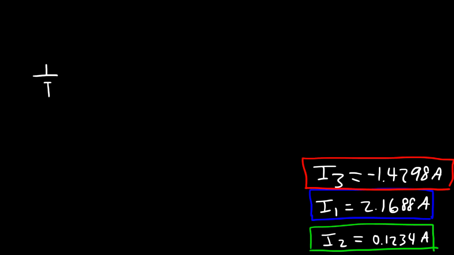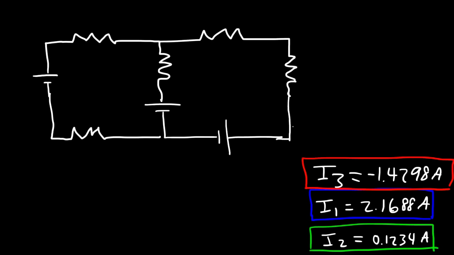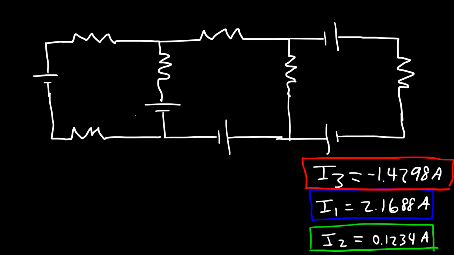Now let's redraw the circuit. So this was the 2 ohm resistor, and this was 8 ohms, and then this was 3 ohms, 5 ohms, 6 ohms, and this was 4 ohms.